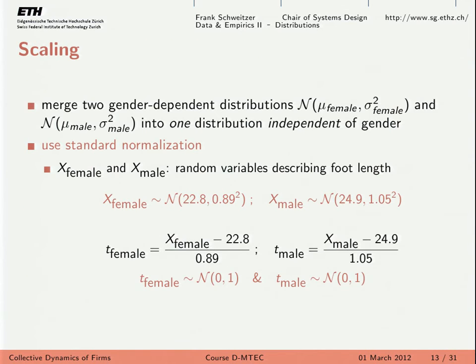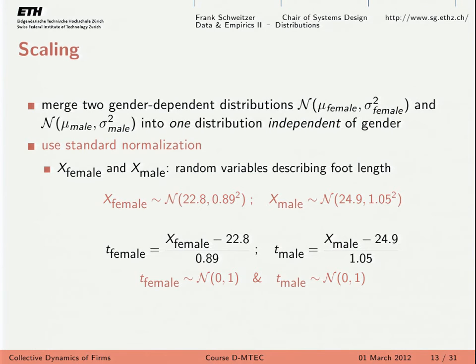Now that we have answered this question, we already found out what is the difference between the two different genders, male, female. And in order to have a better understanding of the whole thing, we would like to remove this gender difference from the distribution.